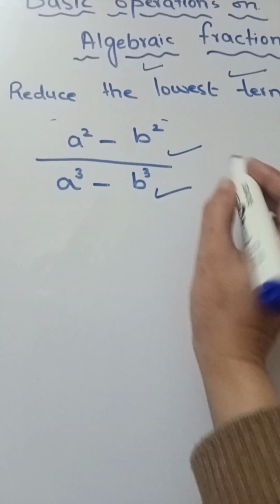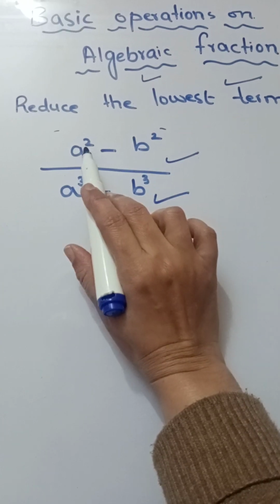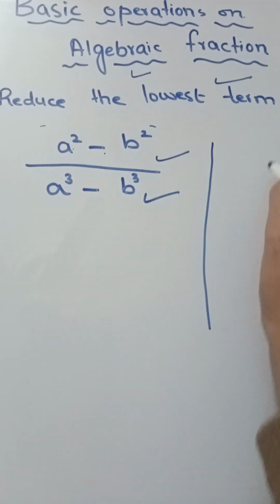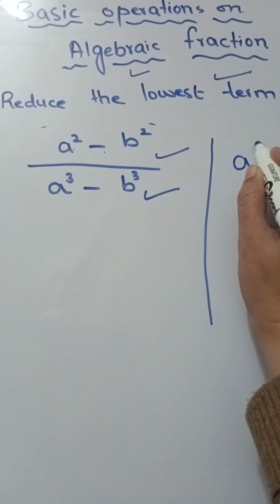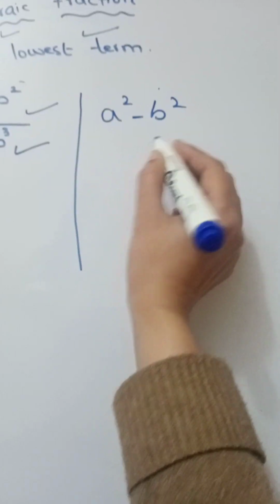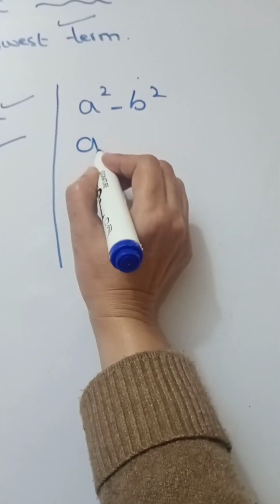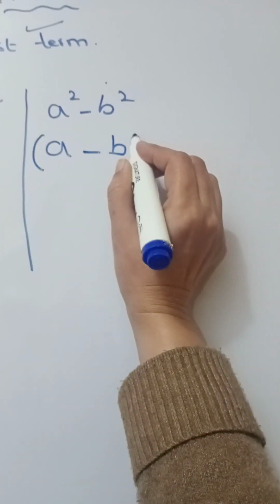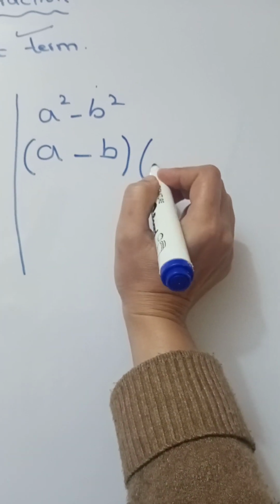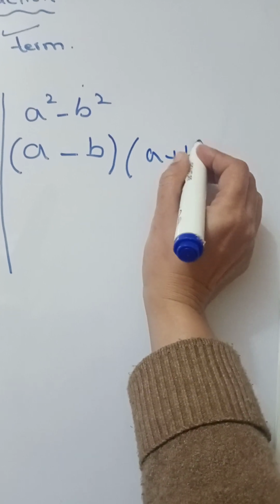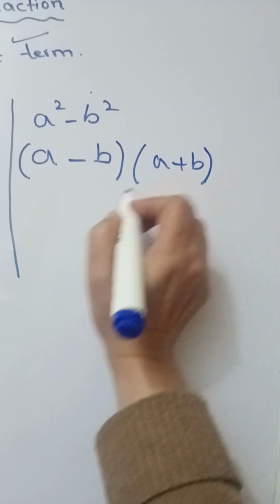And first of all, as we know, a square minus b square. If we want to break it, how do we break it? That means a minus b in one bracket, with a minus sign, and the other has a plus sign.